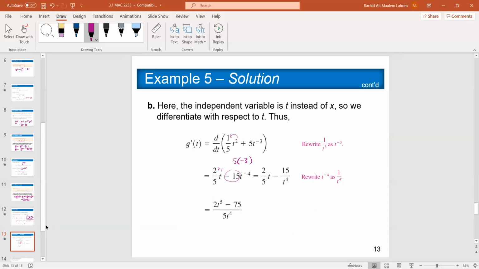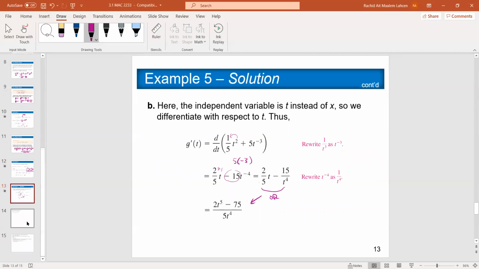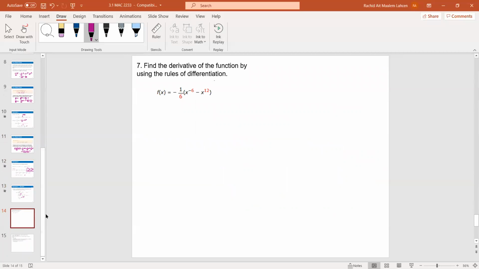And if you want to combine the two, so this is good or this is good. All right, so 2 problems from these 3.1, and more will be done in class.